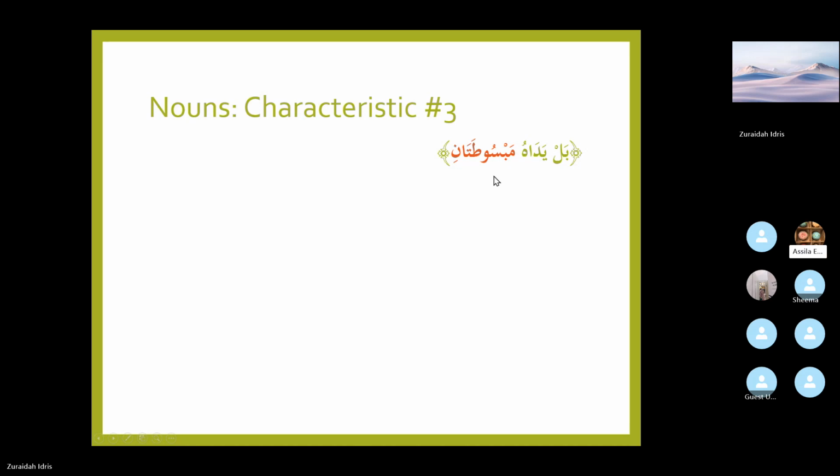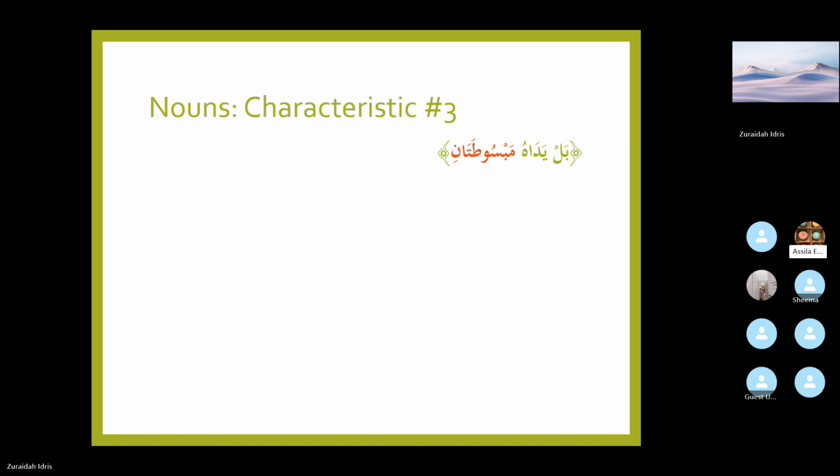Because the original will be Mabsuta. If it is mabsuta with a ta marbuta, then it would be... So if there's no ta marbuta, maybe it's mabsut.